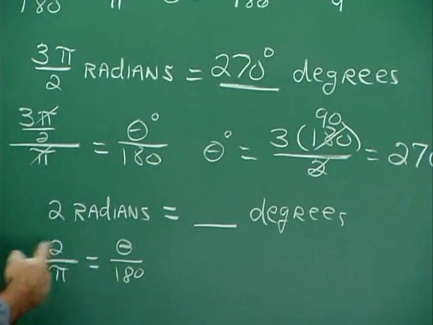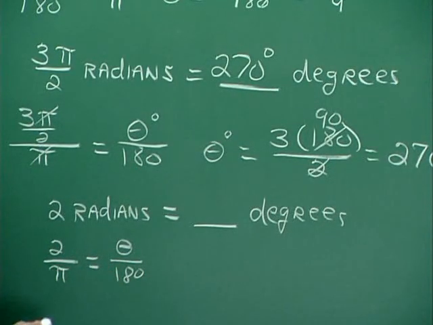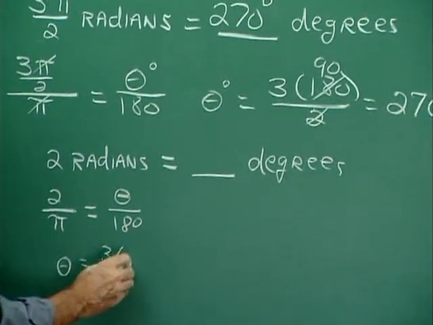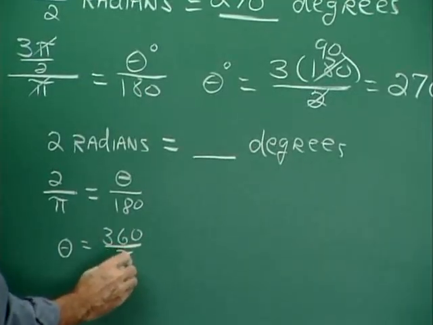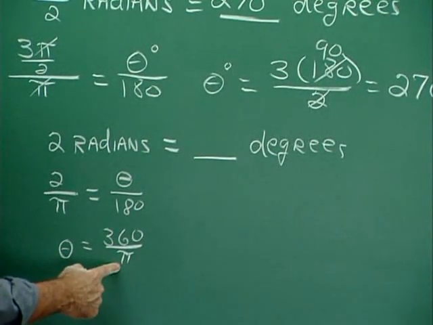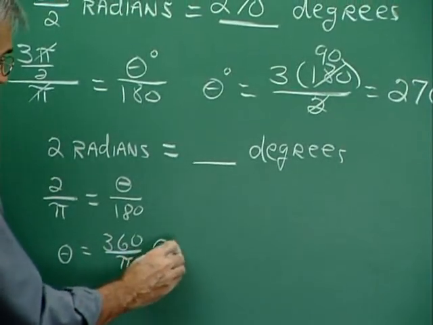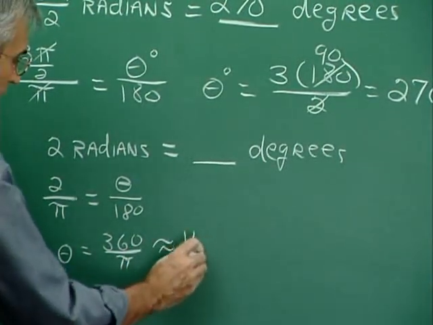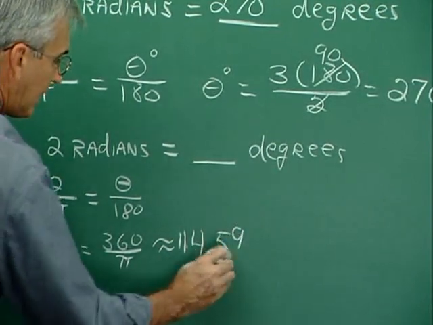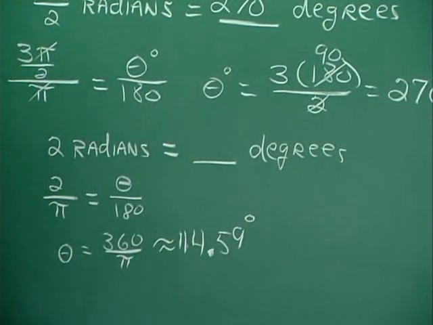So let's see, multiply by 180 on both sides. Theta turns out to be 360 over pi. That's 360 divided by some approximation here. Using the calculator, we find that this is approximately 114.59 degrees.